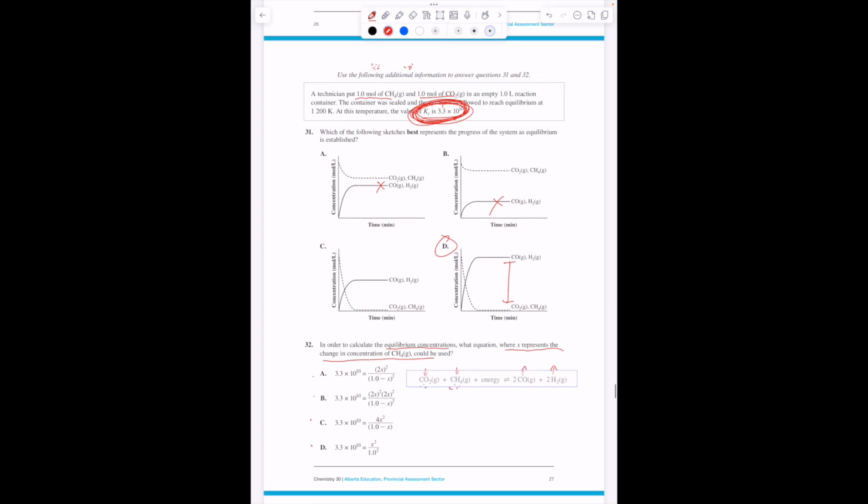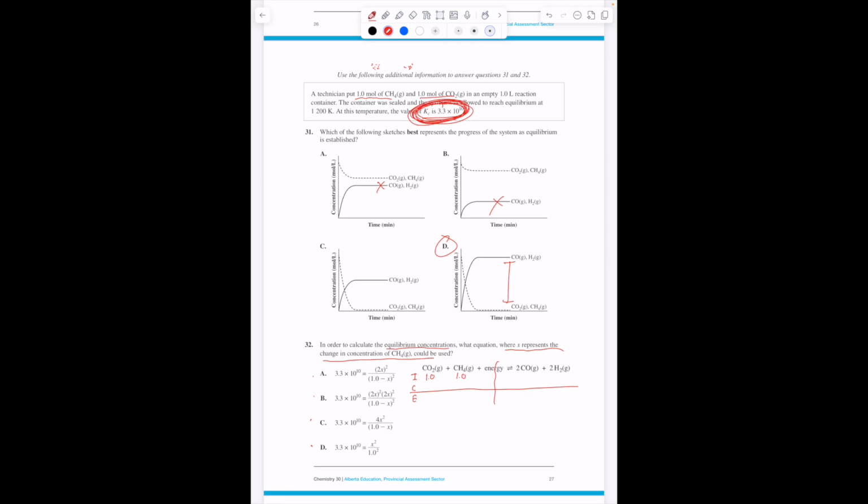I'm going to just drag this down here now. There, I don't have to write it out. Get rid of all those. Okay. Well, to save space here, I'm going to need an ICE table. I know this was 1 and 1.